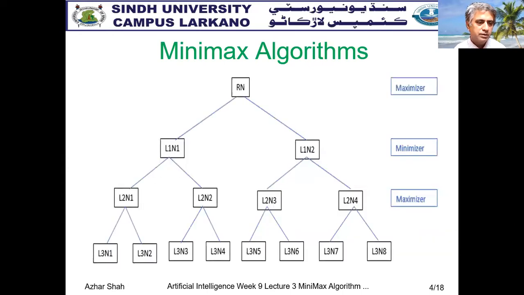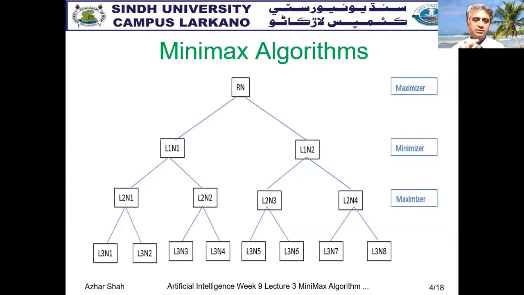Okay, so now this is a further extension of the graphical representation of the Minimax algorithm. Here you see Rn means the root node at which the game starts, this is the initial state, and then L1, N1 means level 1 from the root, node 1, and level 1, node 2 on the right side, and this is the minimizer level.